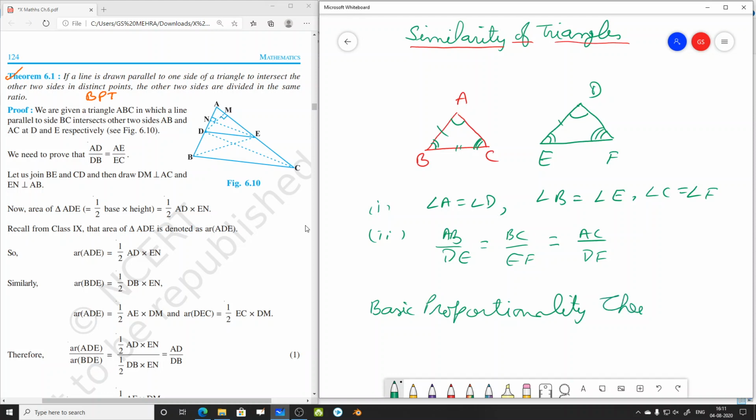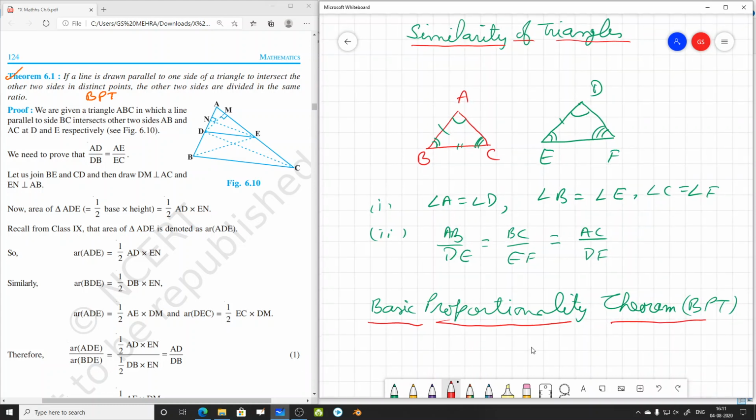You must know what the statement actually says. Now, you have already gone through the statement, so we will understand that with the help of a diagram.